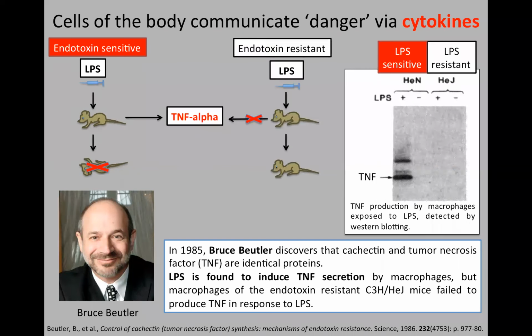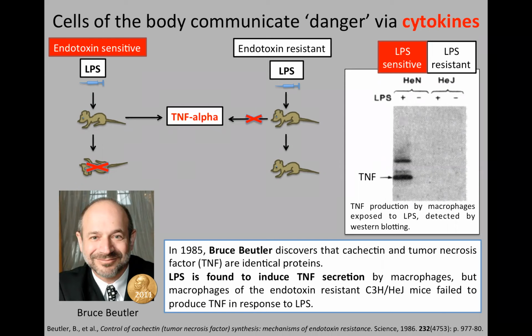If TNF is not produced, then the mice can survive the shock. Bruce Beutler received the Nobel Prize in 2011 for all his work regarding the innate immunity. And some of the discoveries I mentioned earlier represent a great part of this work.